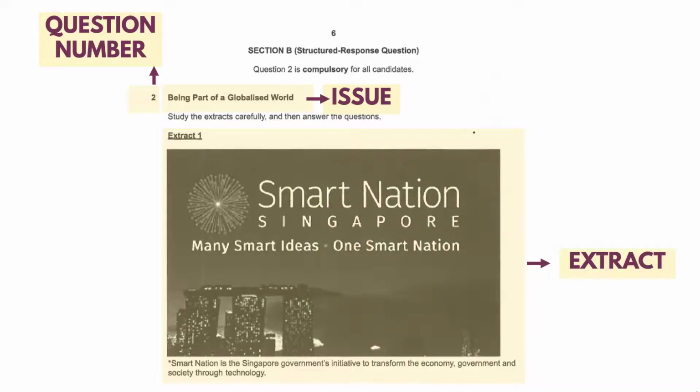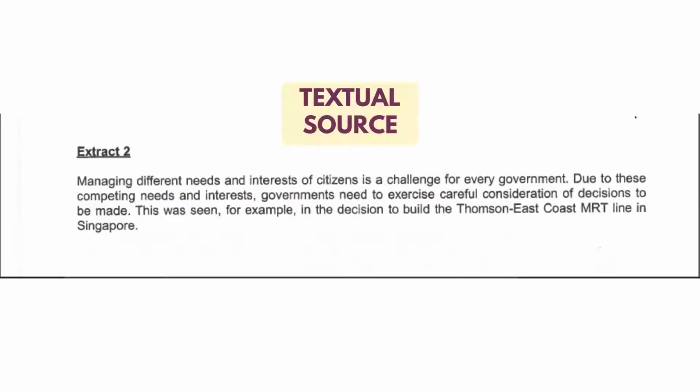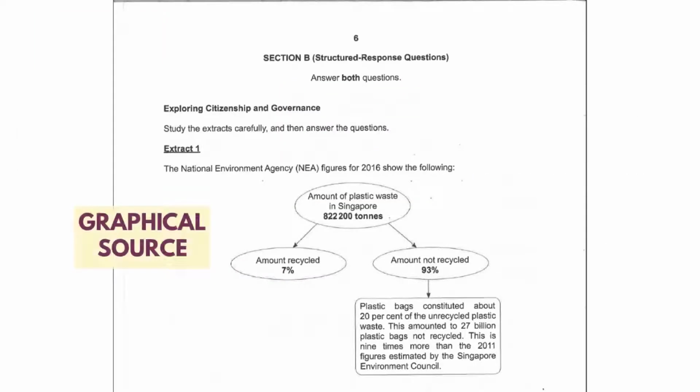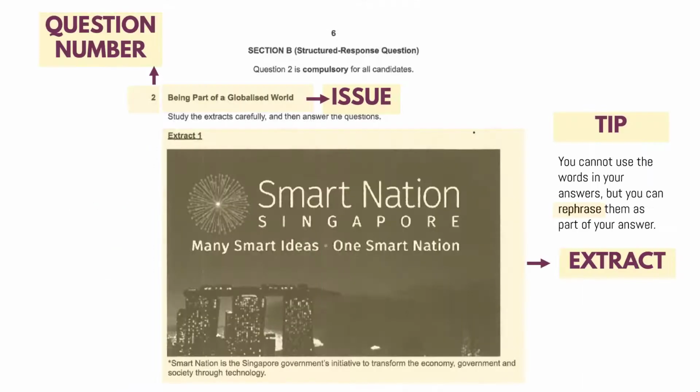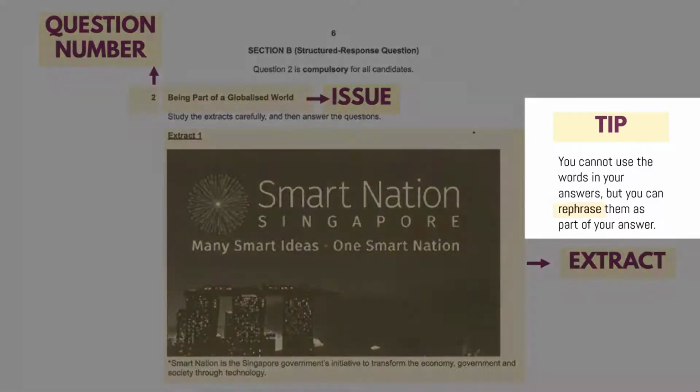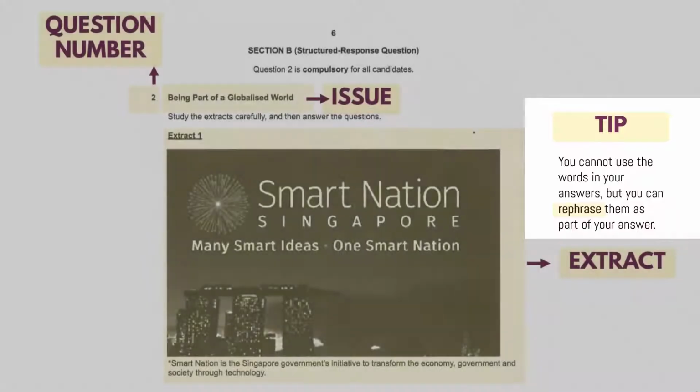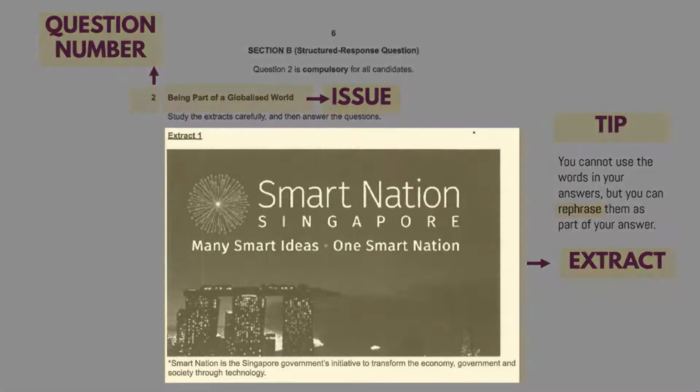Next, we will have the extract. The extract is usually something of a pictorial source, of a textual source, or perhaps is of a graphical nature. So you can actually see that the tip here is that you cannot use the words in the answer that you will be giving, but you can rephrase them as part of your answer. So Smart Nation Singapore is a fixed technical term.